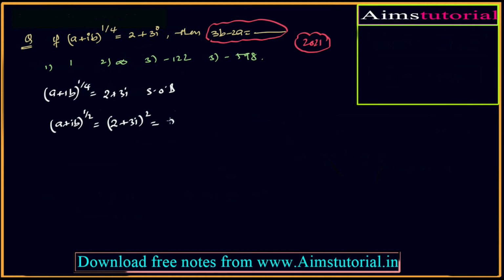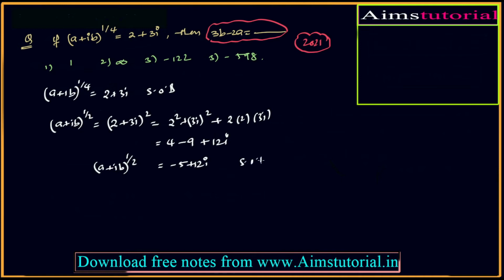So that is a square plus b square plus 2 times ab. So 2 2s are 4, 3 3s are 9, i square is minus 1, so minus 9, plus 2 2s are 4, 3s are 12i. So 4 minus 9 is minus 5 plus 12i. Okay, this is the value of (a plus ib) whole power 1 by 2.